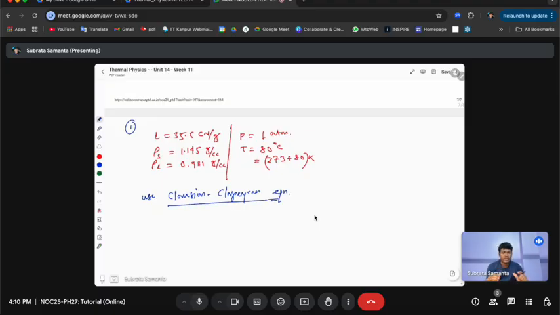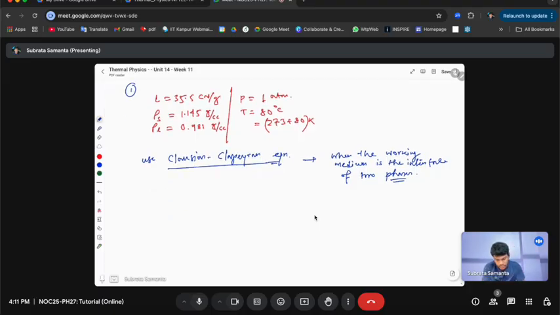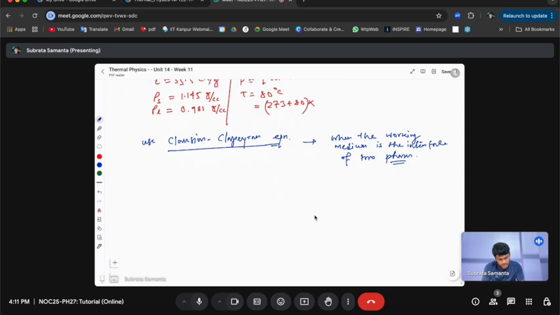This equation is usable when the working medium is the interface of two phases, and it's applicable for first order phase transitions.